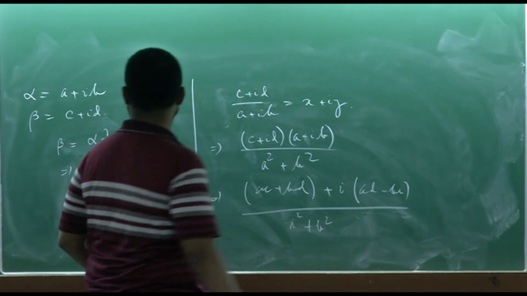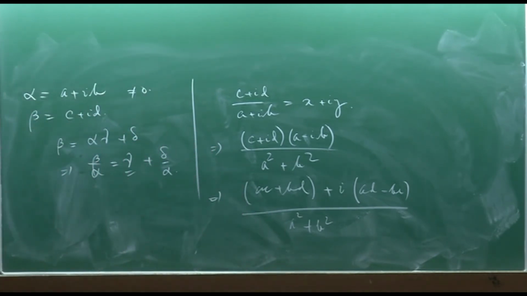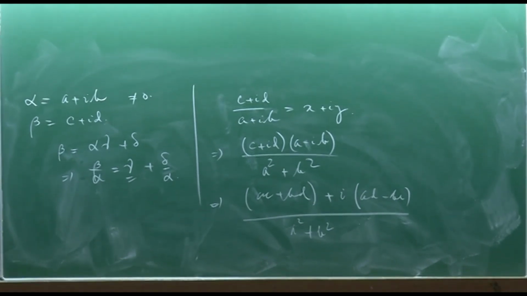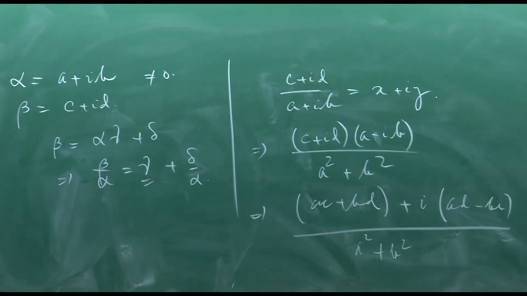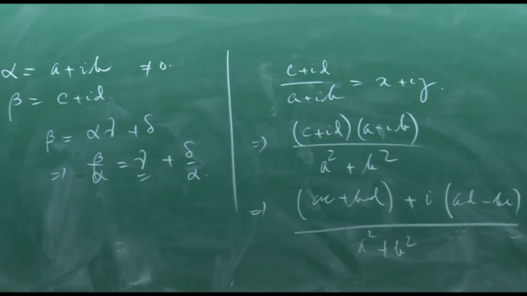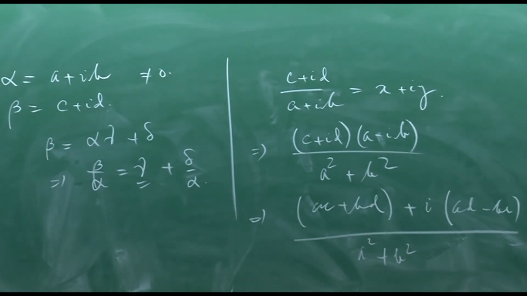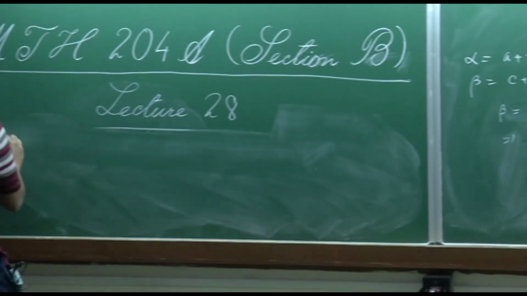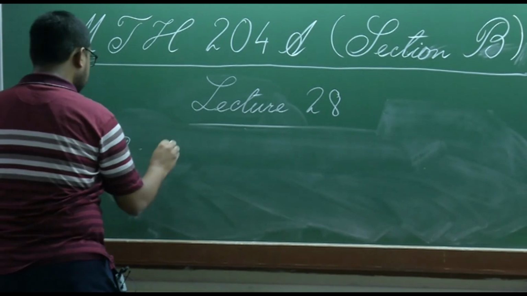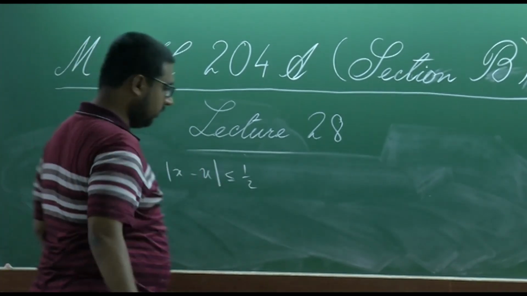So, next what we do here is the very common, very usual thing, that is given this x, we can pick up an integer u such that the absolute value of x minus u is less than or equal to half.